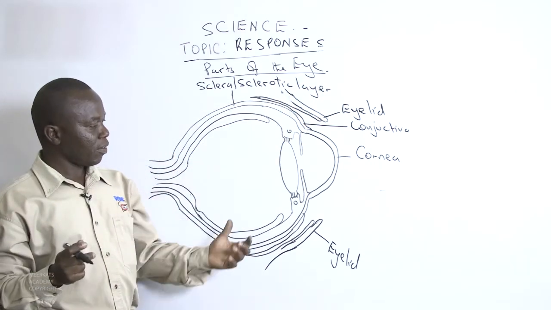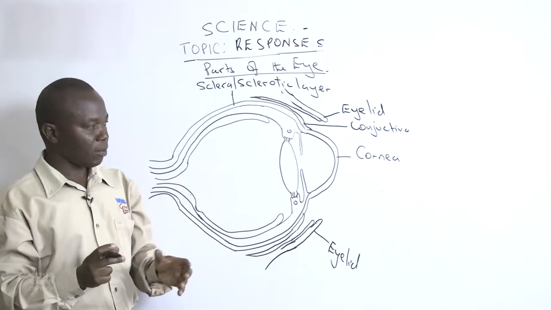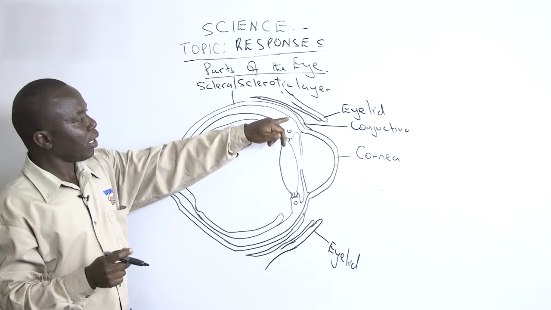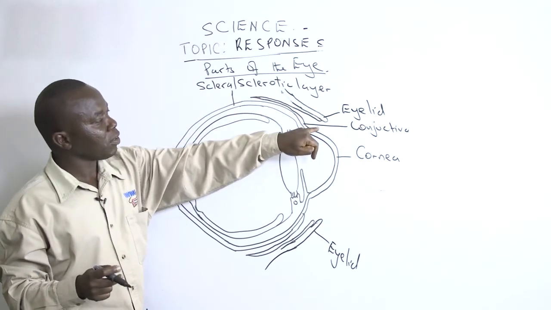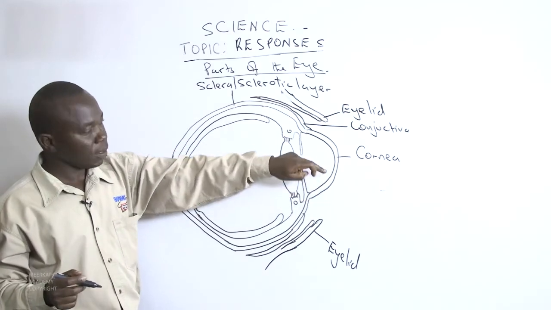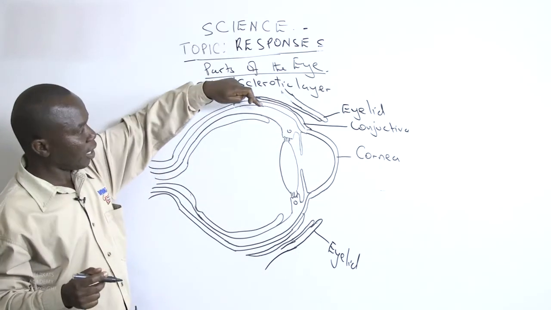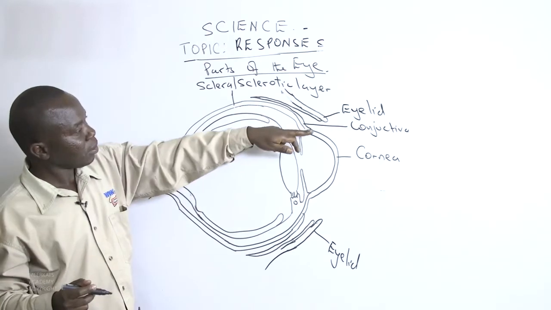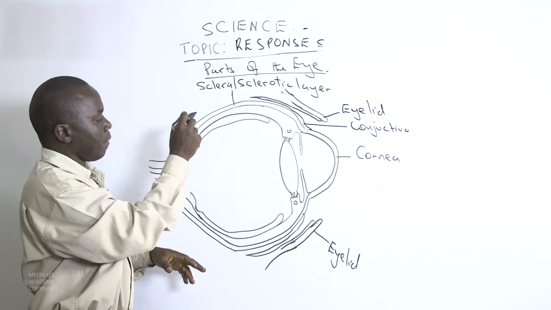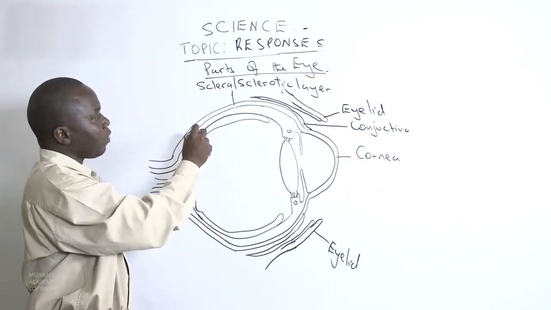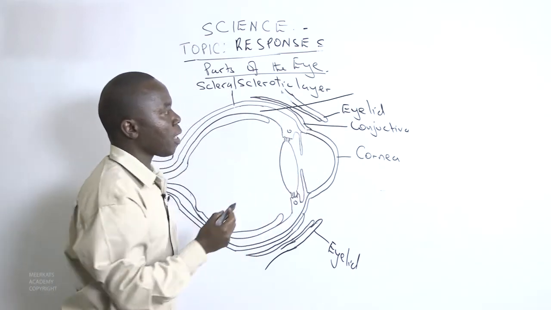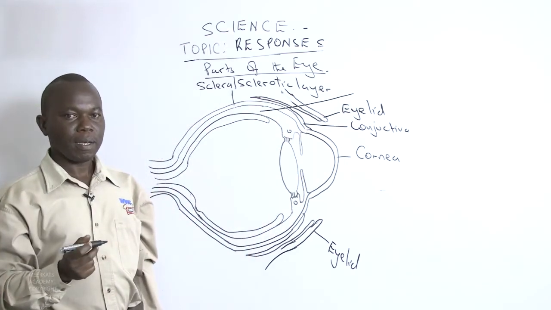If you have that photo somewhere, you can go together with me as we label. So the outer layer: there is the conjunctiva, a thin transparent membrane. This one does not cover the cornea, but just thinly covers the eyeball, not every part.